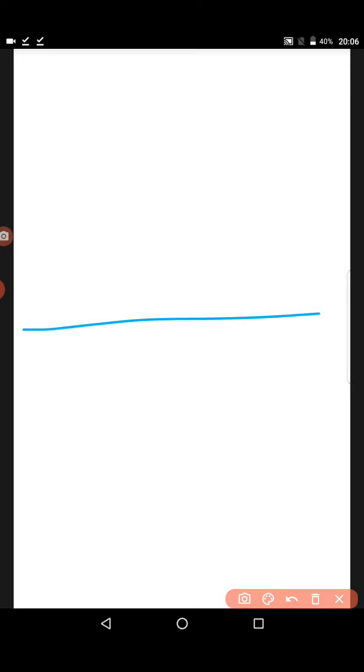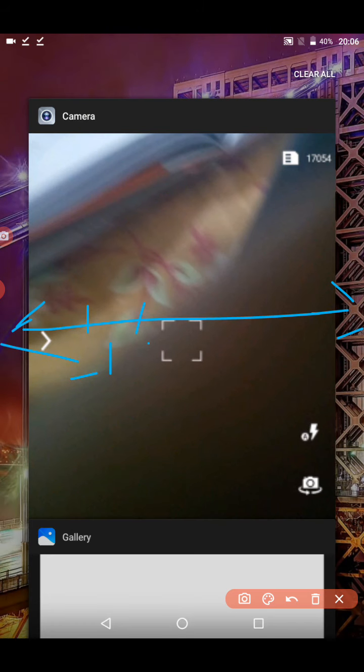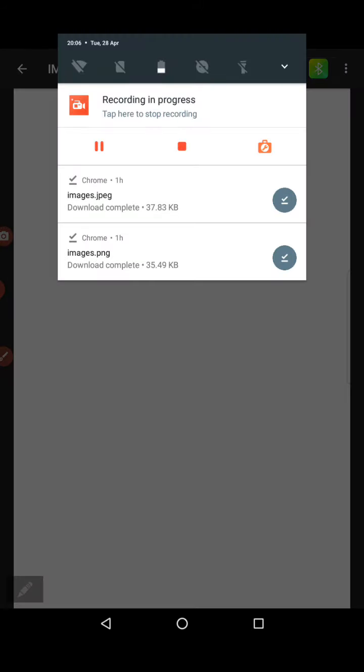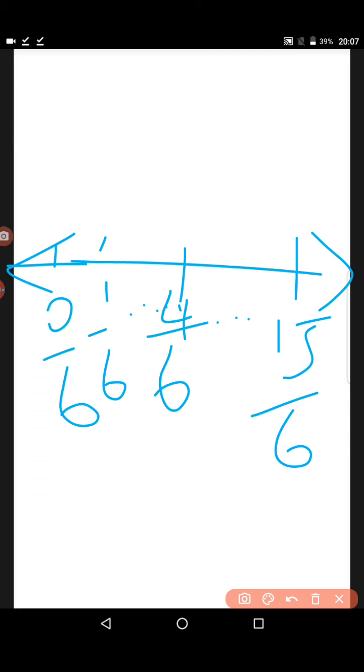I am making a line. Middle number will be 0. I am making -1 because I don't have space. I made this number line very short because I don't have space here.